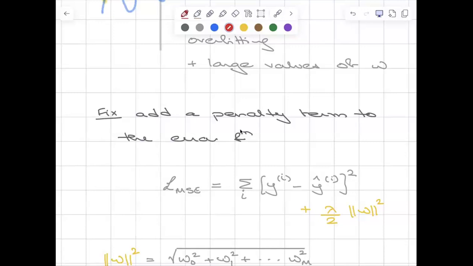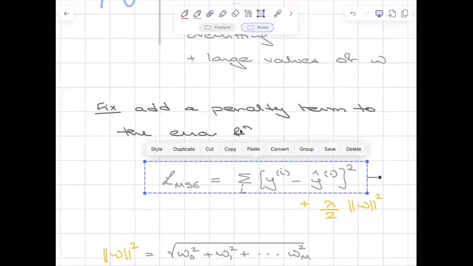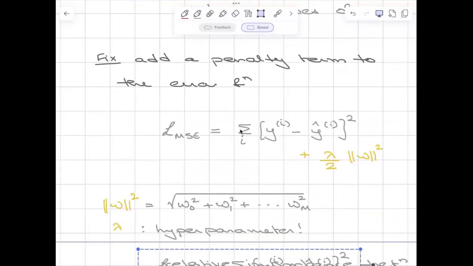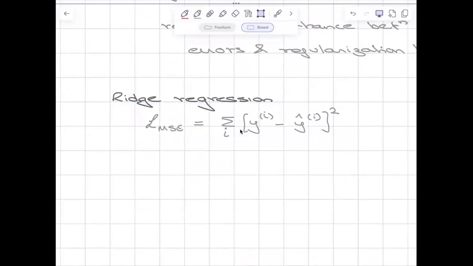There are another 2 kinds of regressions that we'll see. Sorry, not regression, regularization. So this is called lasso regression. The other is ridge regression, where instead of taking the square of the W's, I just take the absolute value of the W. Right?